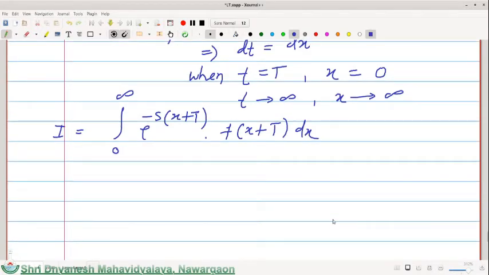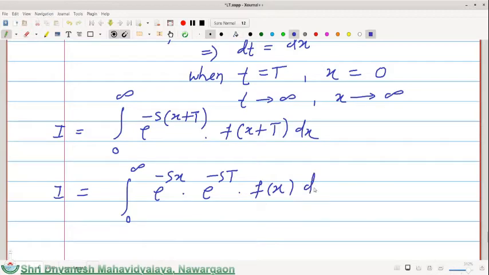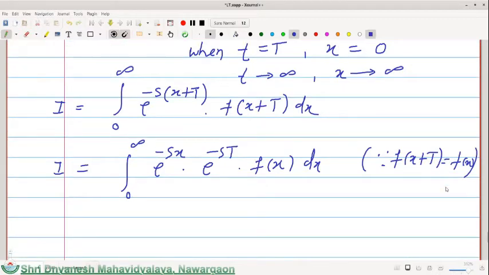Since T is the period of the function, f of x plus T will be f of x, and you separate the power of e. This will be e to the power minus sx into e to the power minus sT, and this will be f of x dx. Since f of x plus T is equal to f of x, T is the period of function f.